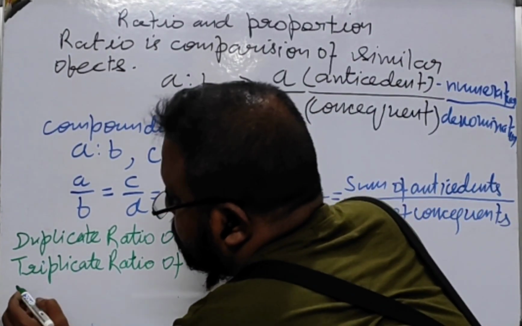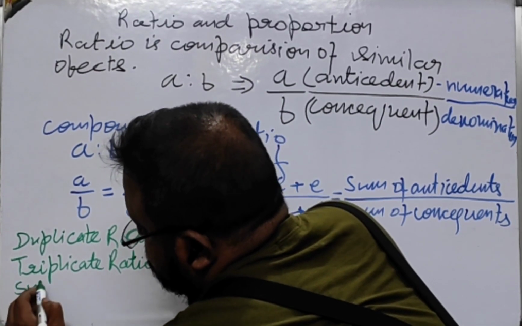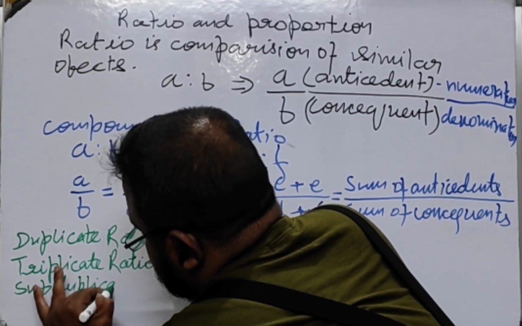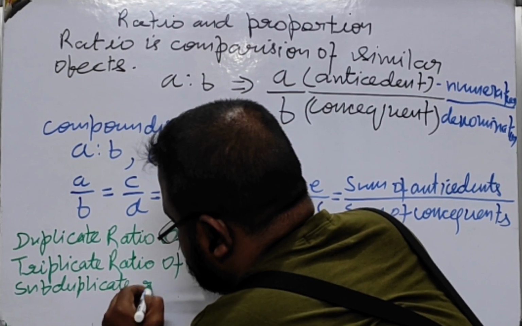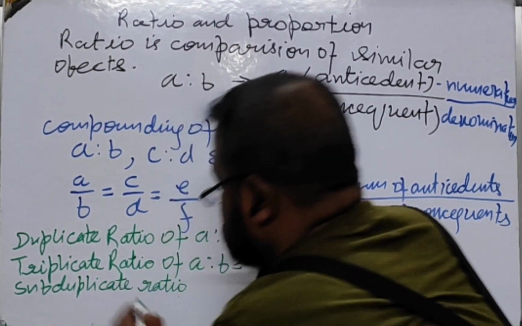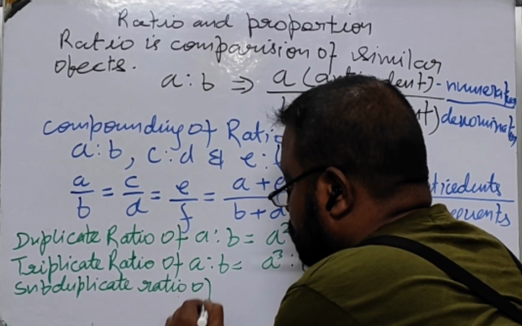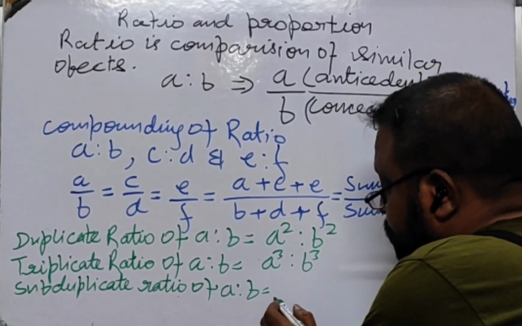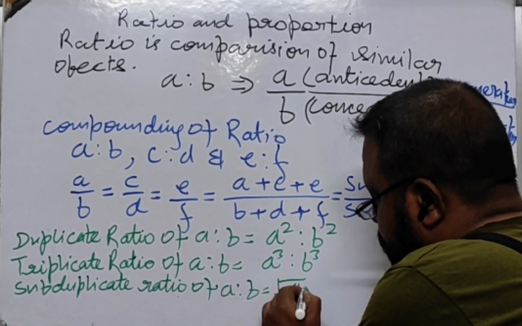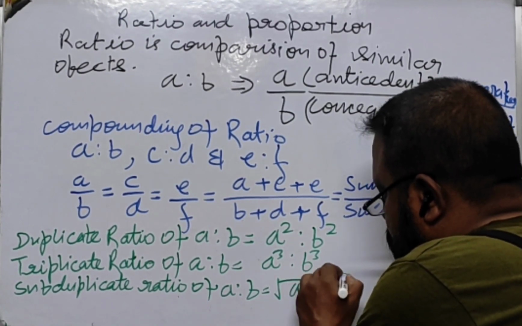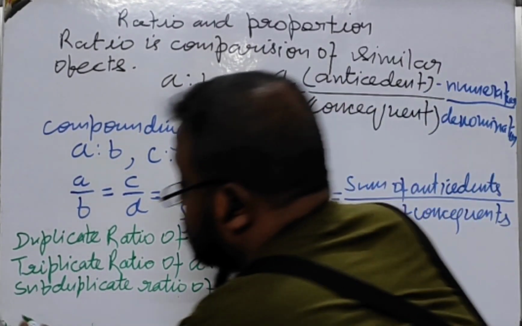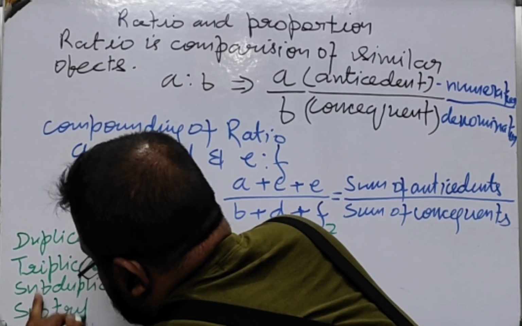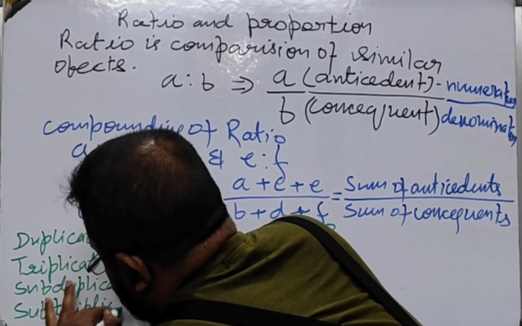And subduplicate ratio. Subduplicate ratio of A ratio B is equal to root A ratio root B, right? And subtriplicate ratio.